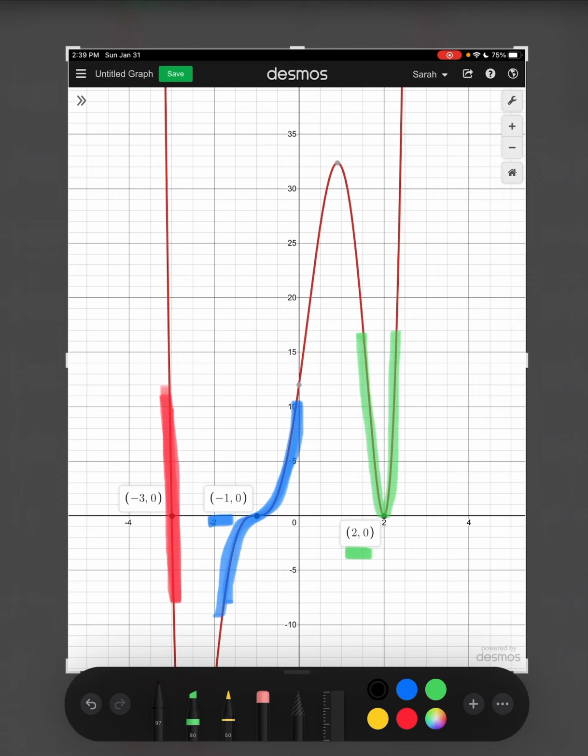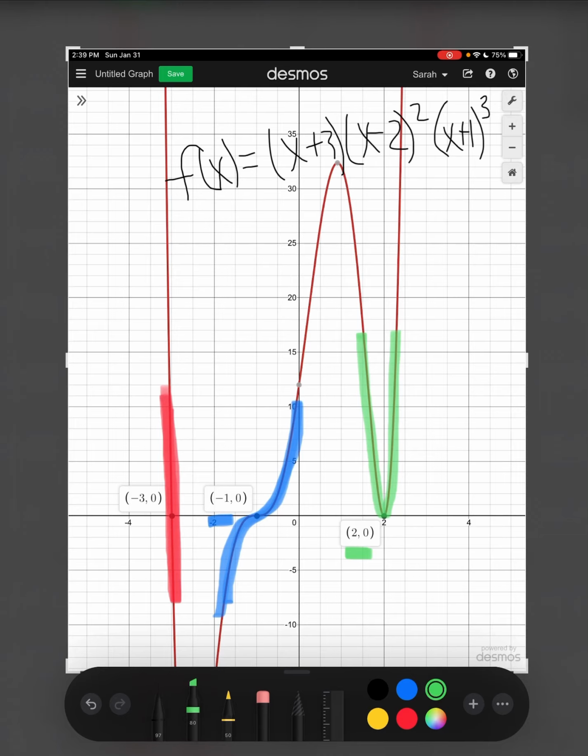So let's take a look again at the equation. The equation was f of x is equal to x plus 3 times x minus 2 squared times x plus 1 cubed. And I'm going to highlight each piece of the graph and each part of the equation in the same color.